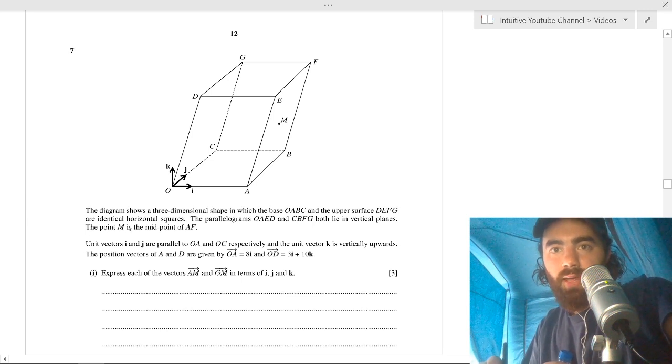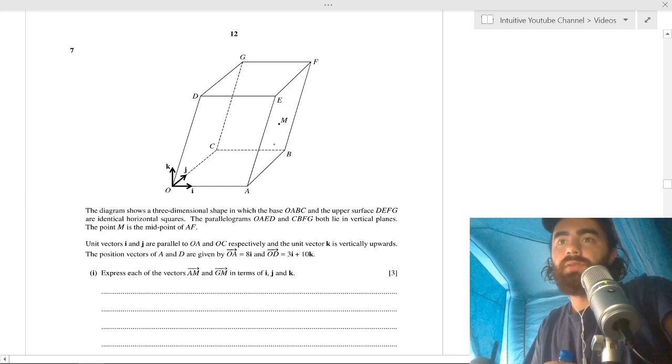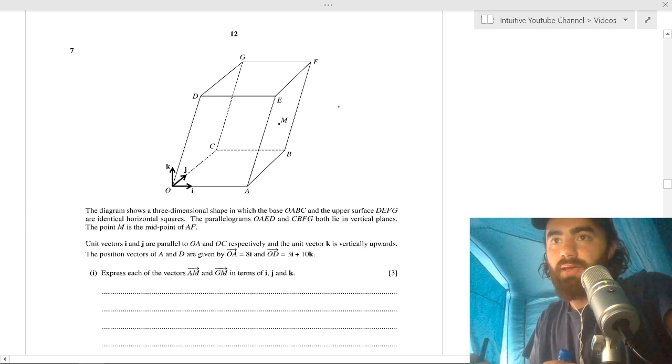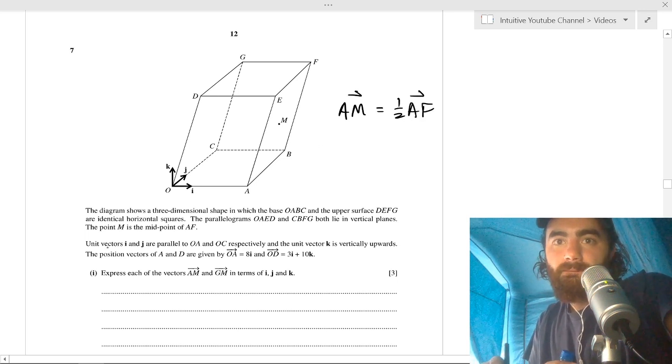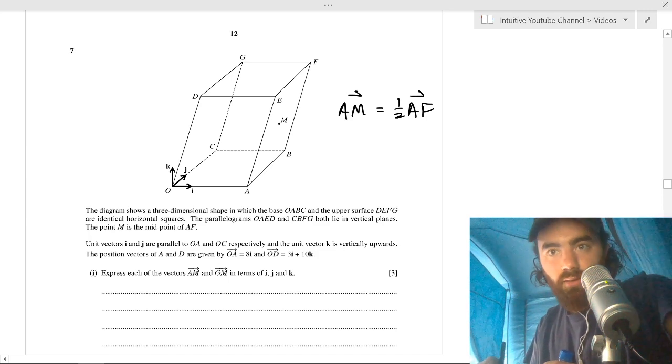And the point M is the midpoint of AF. So AM is half of AF, because M is the midpoint. And the unit vectors I and J are parallel to OA and OC respectively, and the unit vector K is vertically upwards.